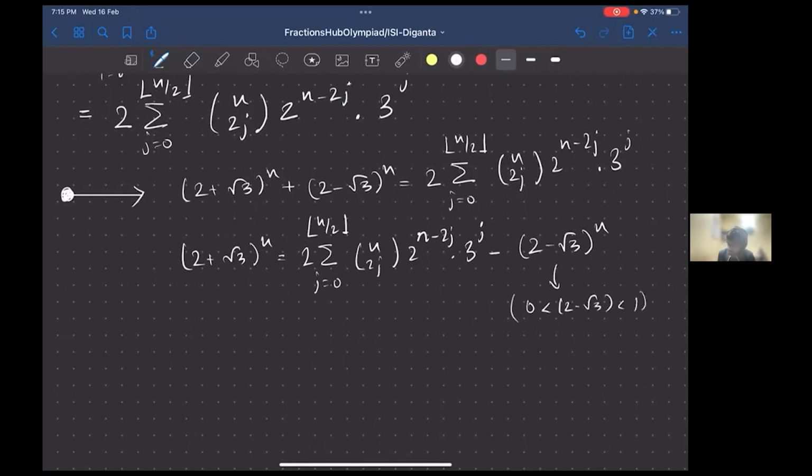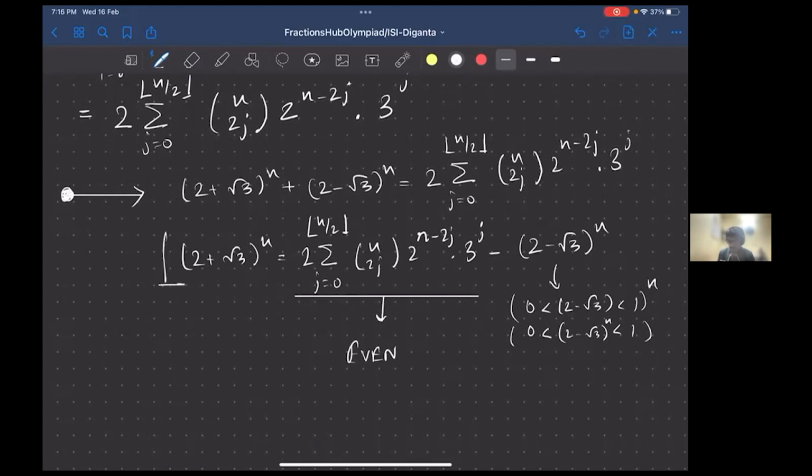So raising this to the power of n keeps it between 0 and 1. Right? So this is the even number, and this is something between 0 and 1.